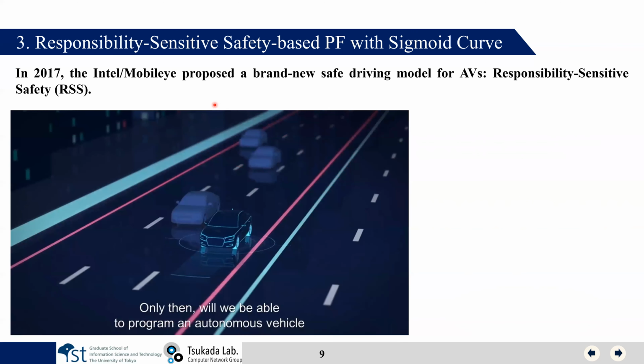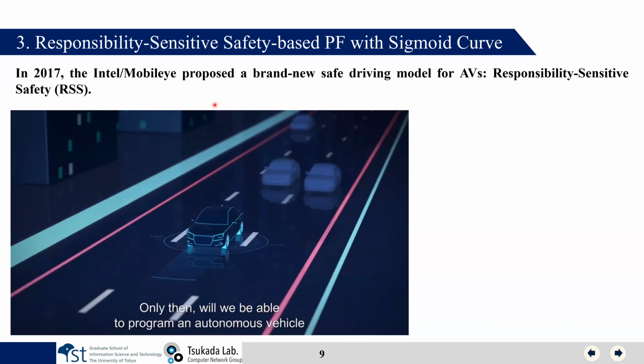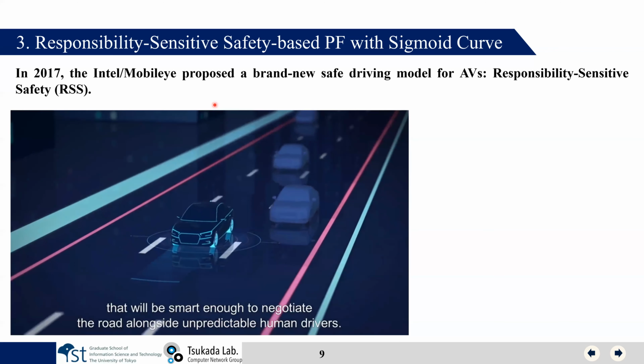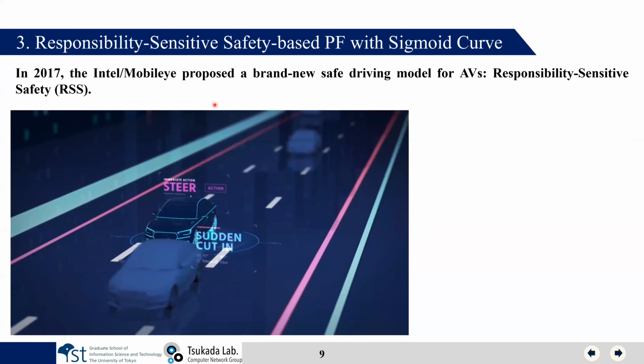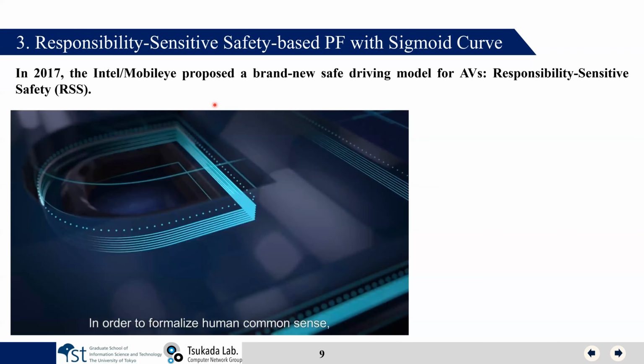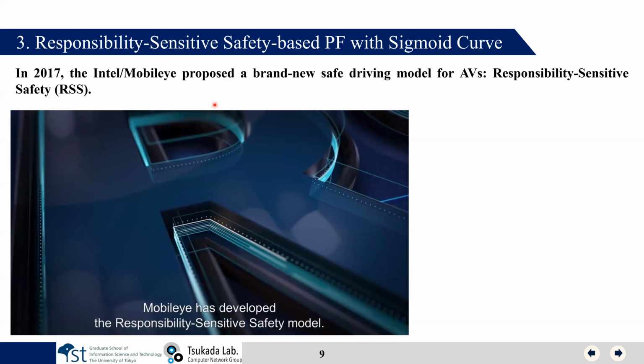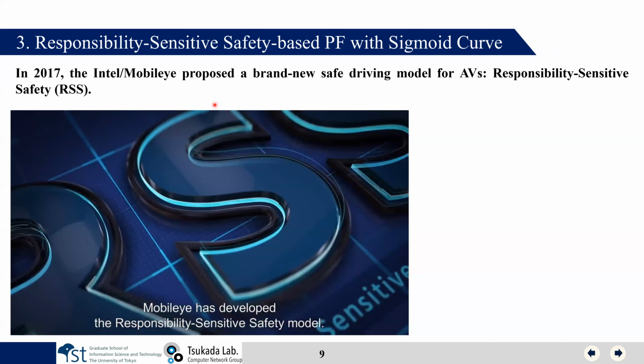Only then will we be able to program an autonomous vehicle that will be smart enough to negotiate the road alongside unpredictable human drivers. In order to formalize human common sense, Mobileye has developed the responsibility-sensitive safety model.